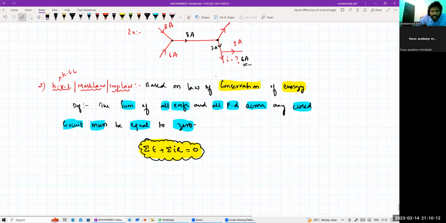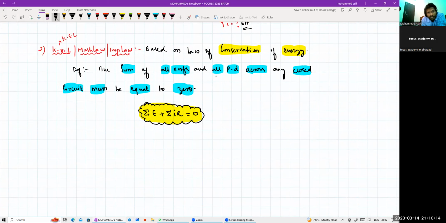ठीक है ना अब इसका साइन कन्वेंशन लिख लीजिए, दिस इज वेरी इंपॉर्टेंट. साइन कन्वेंशन. First one: in direction of current, I into R will be negative.